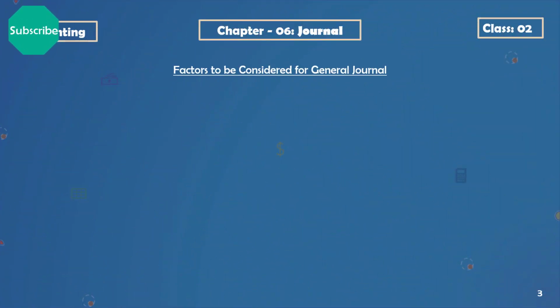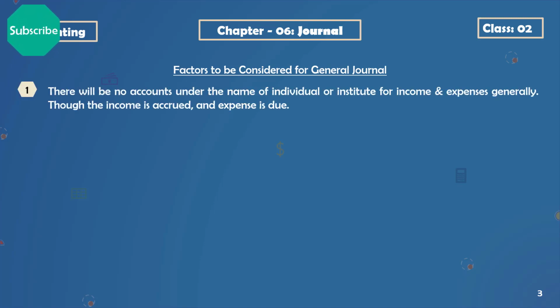Factors to be considered for general journal part 2, and today is number 1. There will be no accounts under the name of an individual or institution for income and expenses generally, though the income is earned and the expense is due. That means we will not write any account named under an individual or institution.